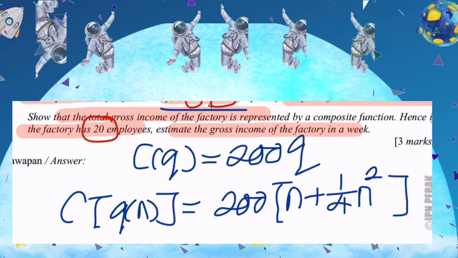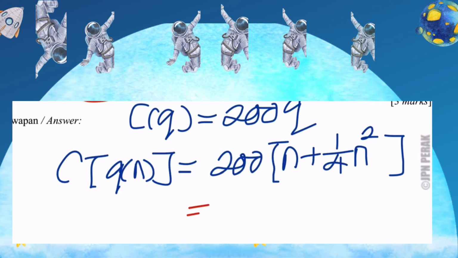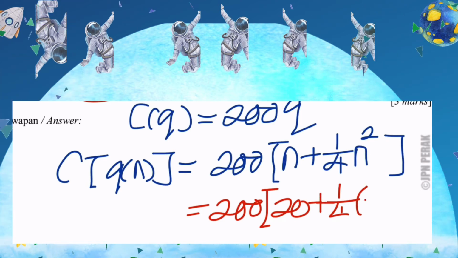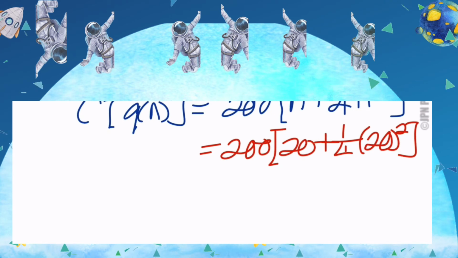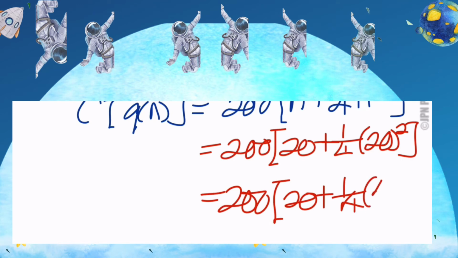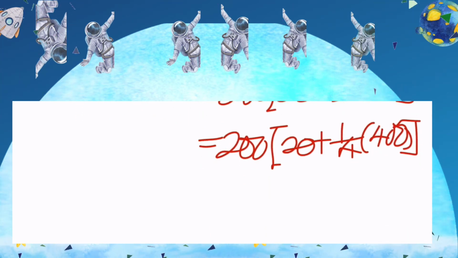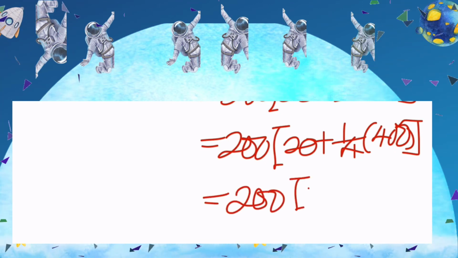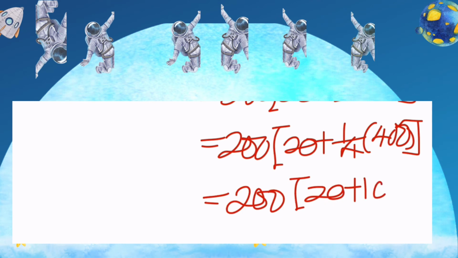So let's substitute the n into the composite function. We have to times with the 200 because of the gross income. So 200 times with the weekly production of batik shirts. And the weekly production of batik shirts depends on the n, 20. So then we take 200 multiplied by 20 plus 1/4 times 20 squared.